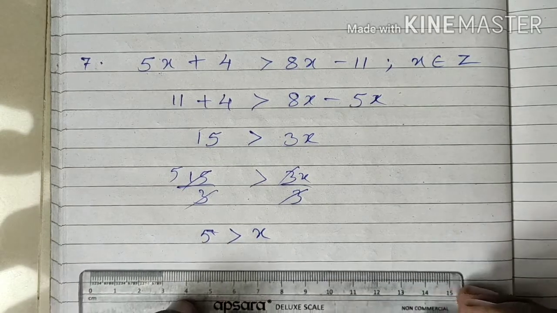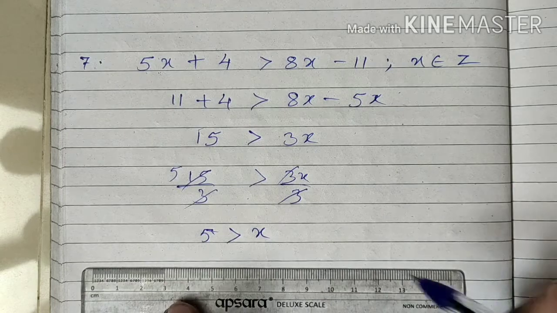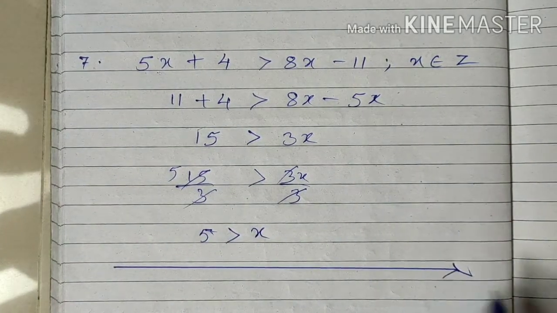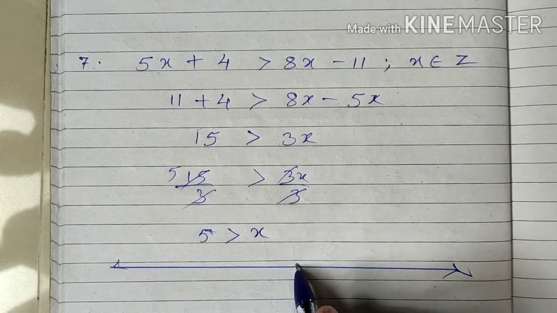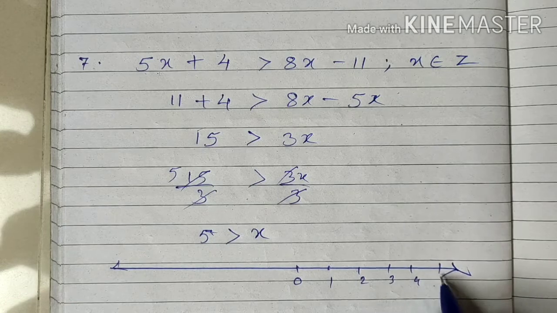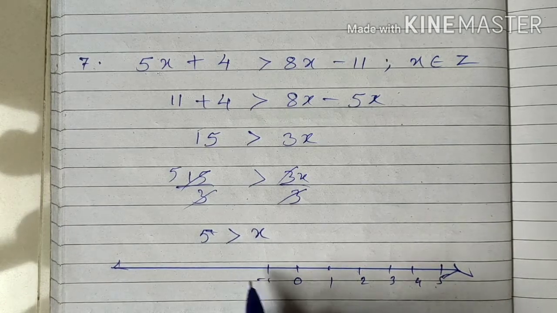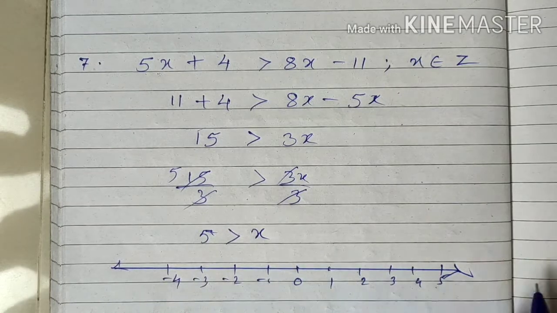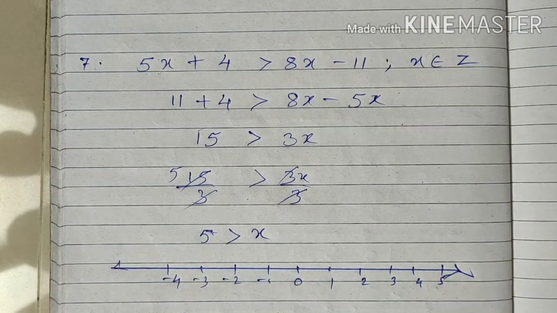So let us represent it on the number line. Zero, 1, 2, 3, 4, 5. Minus 1, minus 2, minus 3, minus 4. Now what are they saying? x is less than 5.